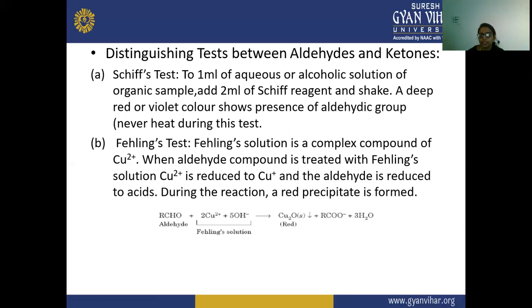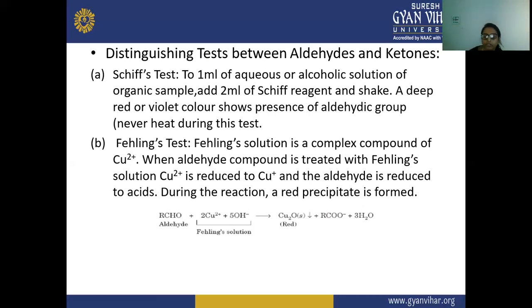In the Fehling test, Fehling solution is a complex compound of copper. When an aldehyde compound is treated with Fehling solution, then the copper, which is 2 plus, is reduced to copper 1 plus, and the aldehyde is oxidized to the acid, and during the reaction a red precipitate is formed.